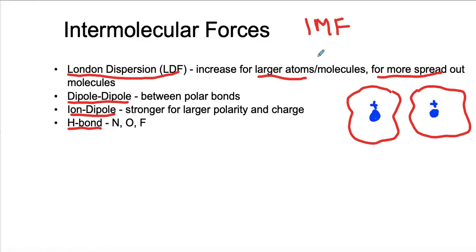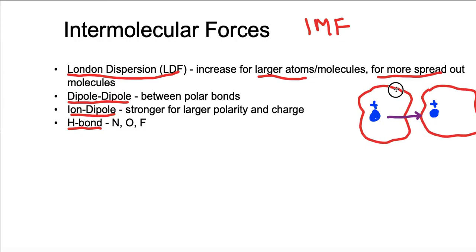And depending upon how these things oscillate, there is some attraction between these two because the positive core attracts the electron cloud from the other side. And the positive core of one attracts the electron cloud. And as these electron clouds get dispersed, let's say they get shifted a little bit this way, then there is more attraction towards it. The more electron clouds can disperse and move and get rearranged, the stronger the LDF is.